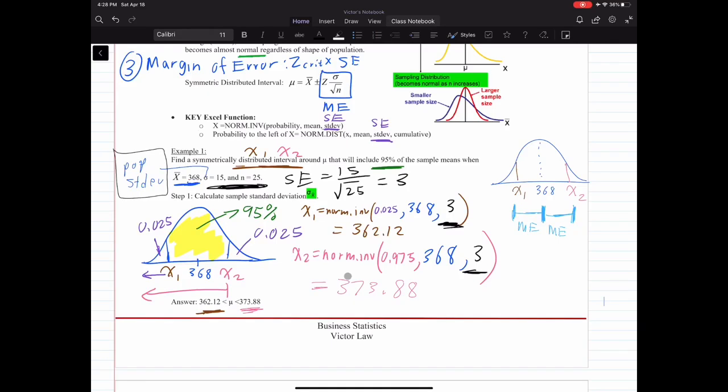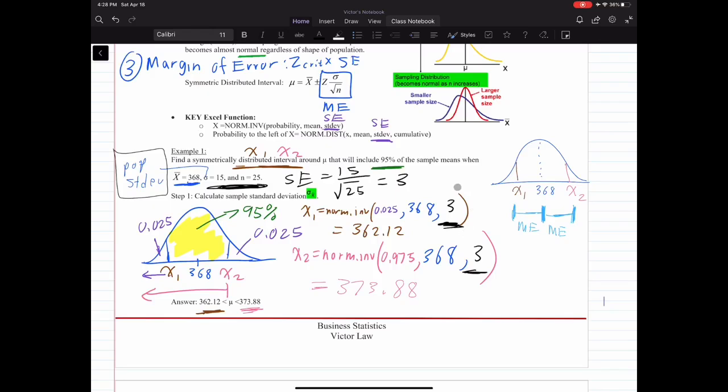The only thing that is new for this chapter is that since we're dealing with sampling distributions, we need to calculate the standard error, the adjusted standard deviation. We don't use the population standard deviation; we use the adjusted standard deviation. That's the only thing that is new with sampling distributions.